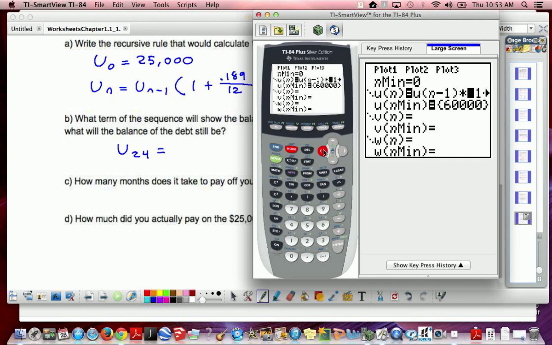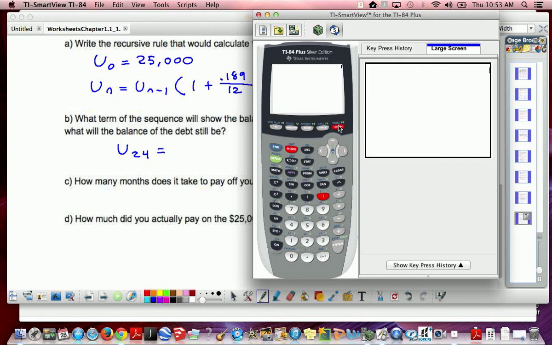I'm going to delete this all out. So times parentheses, 1 plus 0.189 divided by 12, close the parenthesis, but I'm going to subtract 950. It's kind of nice. Now my loan was not $60,000, but $25,000.